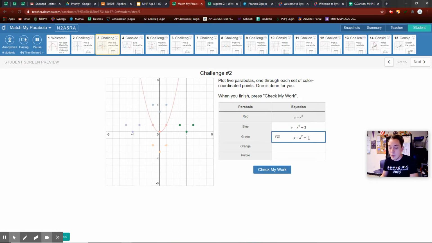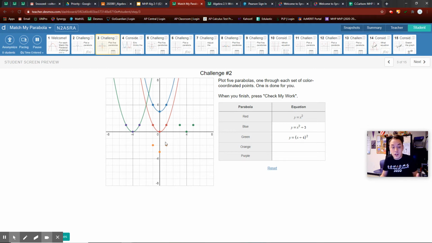Well, remember, guys, if I want to do horizontal, you need to put your number inside of the parentheses. So if I do minus 4 and then squared, what if you actually just did plus and then squared? Because you may be thinking, oh, it's going to move to the right, so plus. Ha ha ha. Well, if you check the work, what do you really get? Oh, you actually get your purple. Oh, so what does that mean? That means you need to do the opposite.